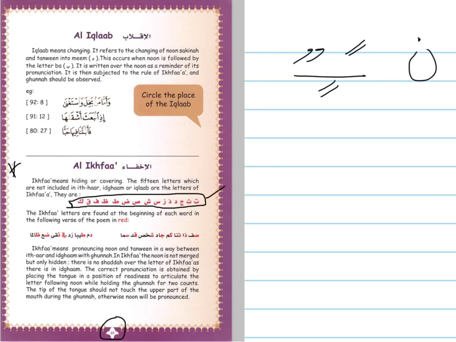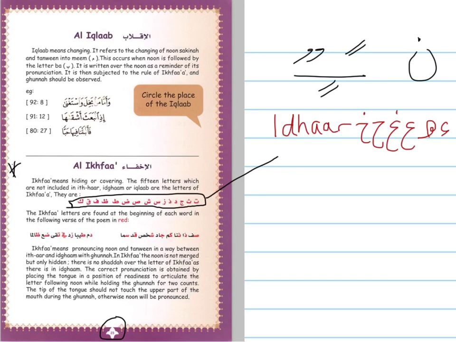The easy way to remember these letters is to think about it in the following way. We know the letters of Idhar, they are 6. To remind yourself, go to the Idhar podcast. Those letters are the Hamza, the Ha, the Ain, the Ghain, the Ha, and the Kha.